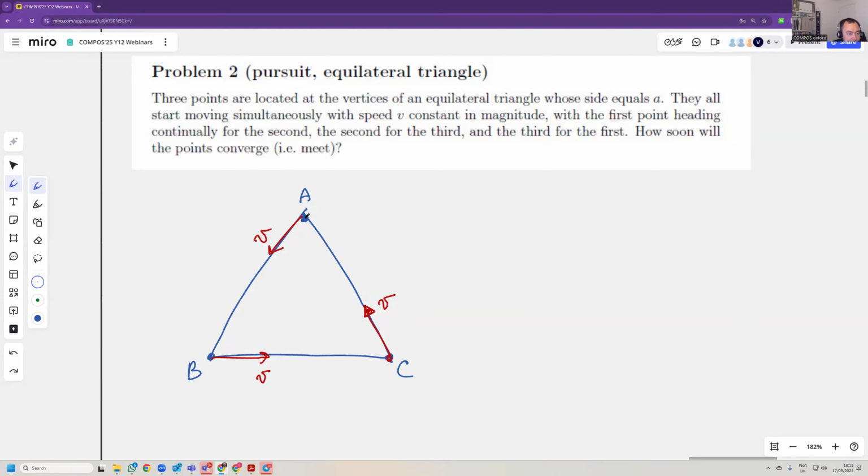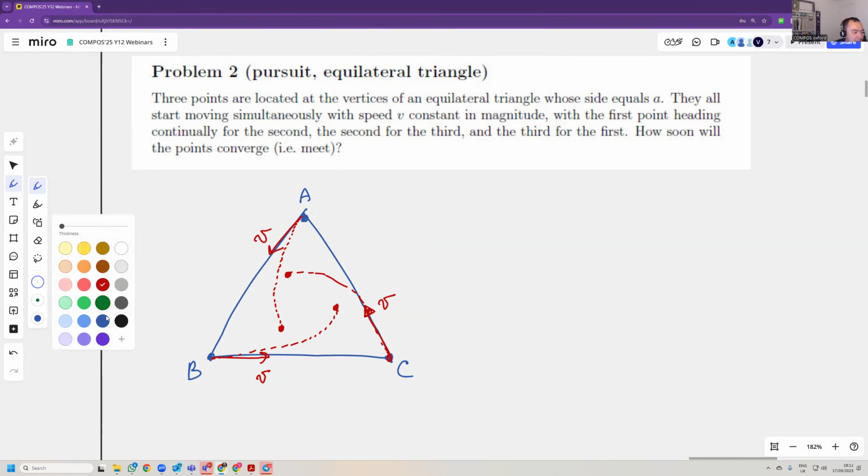A has moved, because it would be following like a spiral. B would be following a spiral, and C would be following like a spiral. So imagine some time later, this is the center of the 2 triangles.